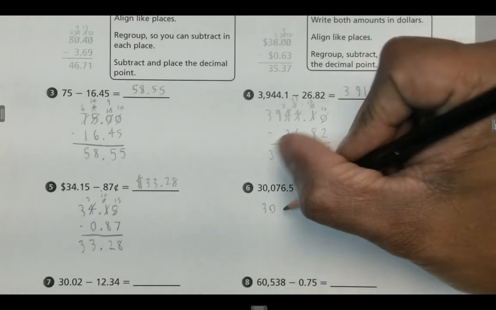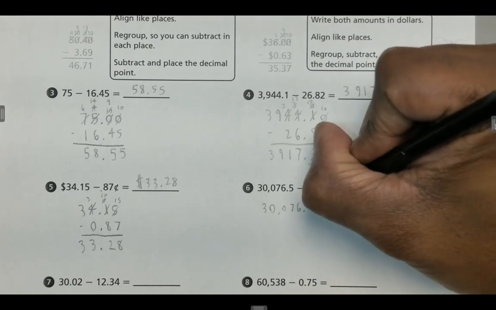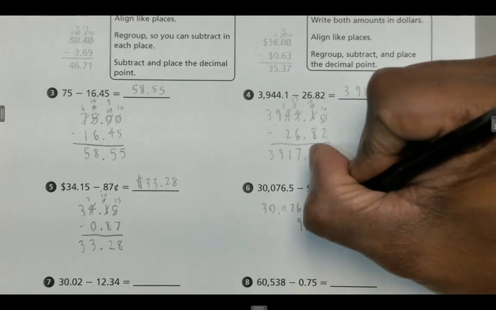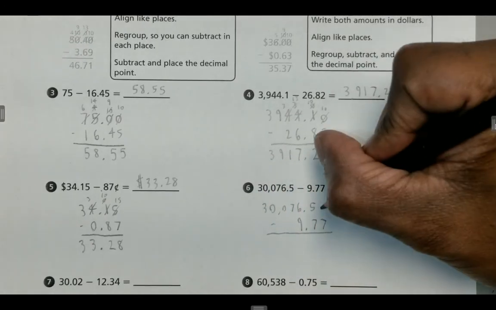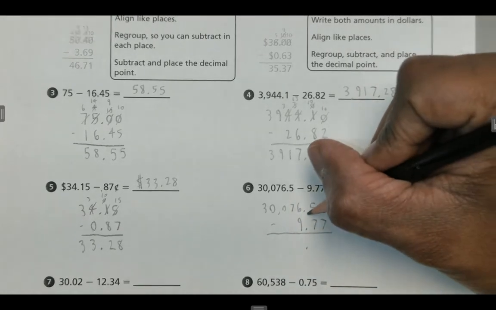Number 6, 30,076 and 5/10 minus 9 and 77 hundredths. 0 placeholder. 0 minus a 7.